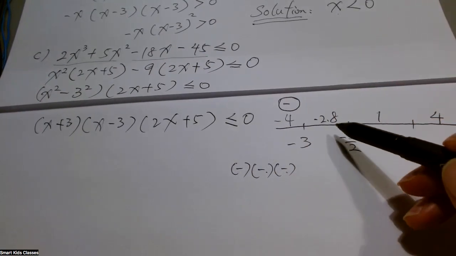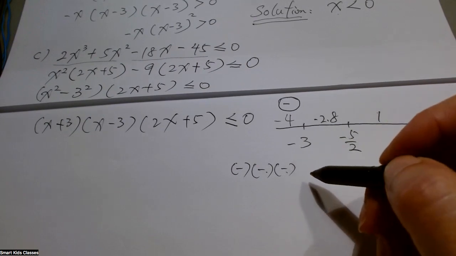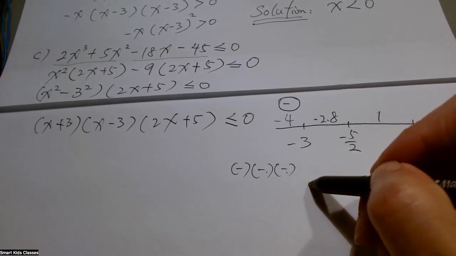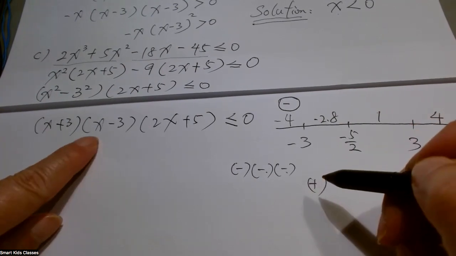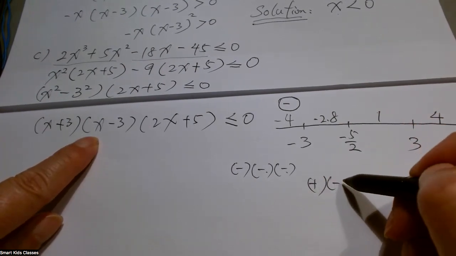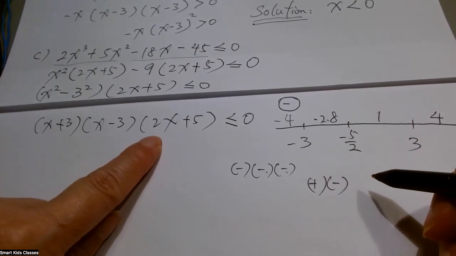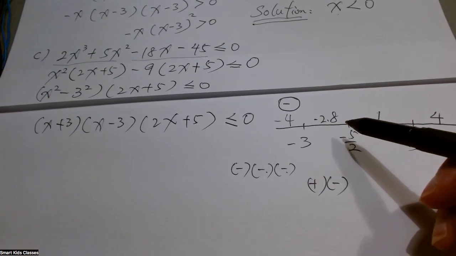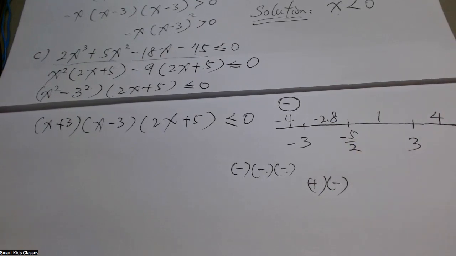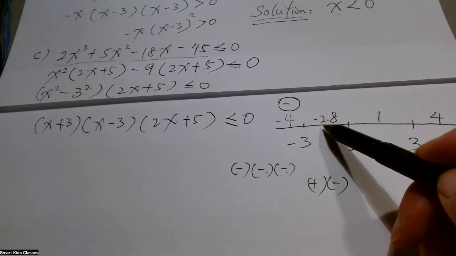Now, how about negative 2.8? We test this interval. So if negative 2.8, the first one here, we get positive. Negative 2.8 plus 3, we get negative. And 2.8 times 2, we get 5.6.